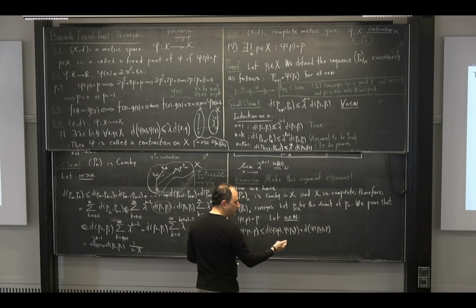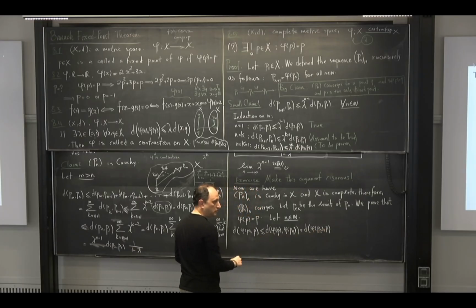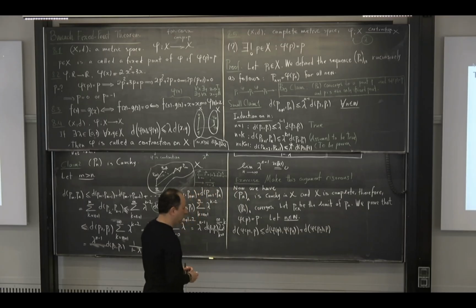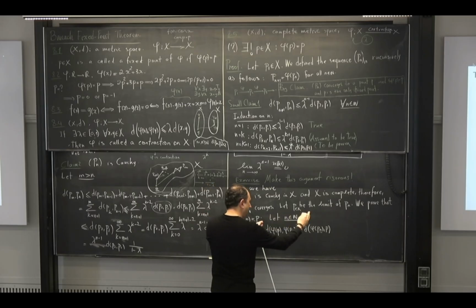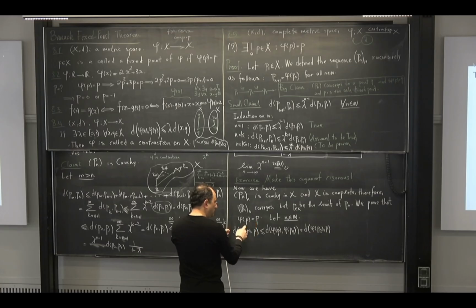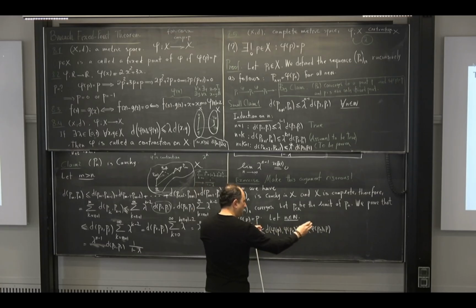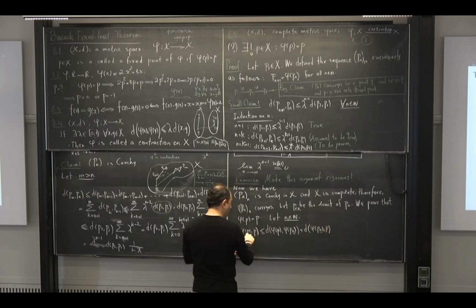I have something that depends on n. So the right-hand side is a sequence because it depends on n. And what I know is a number is less than any term in a sequence. So when I take the limit, on the left-hand side this is a constant, so the limit becomes itself. The limit on the right-hand side becomes something, but that limit should be greater than this one.